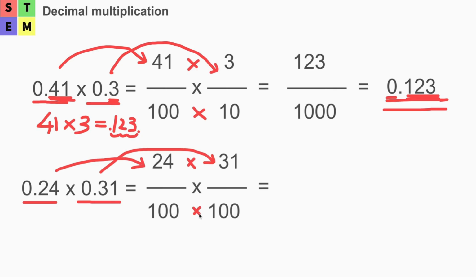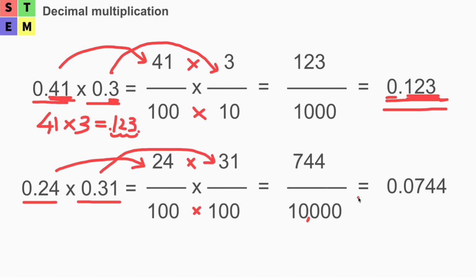And now what do I have here? So we have 744 over 10,000. Okay, so what's the result of that? 744 divided by 10,000 equals 0.0744.